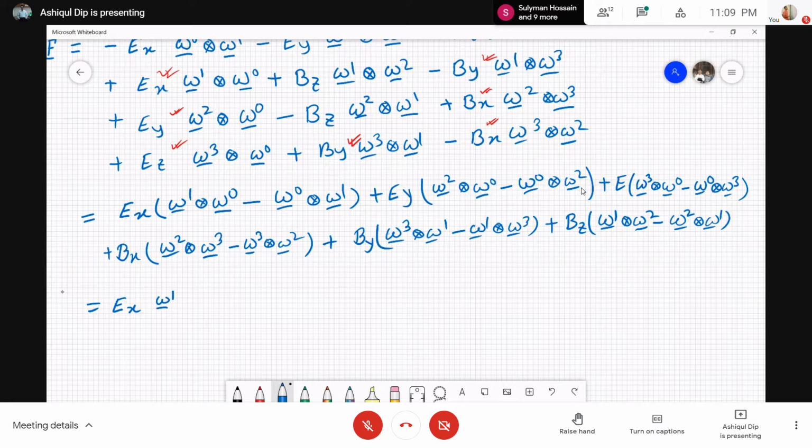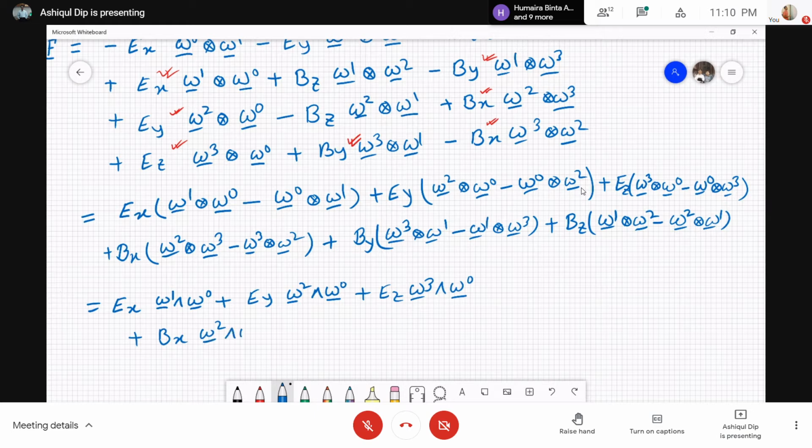So omega 1 wedge omega 0, plus Ey omega 2 wedge omega 0, plus Ez omega 3 with omega 0, and then omega 2 with omega 3, plus By omega 3 with omega 1, plus Bz omega 1 with omega 2.